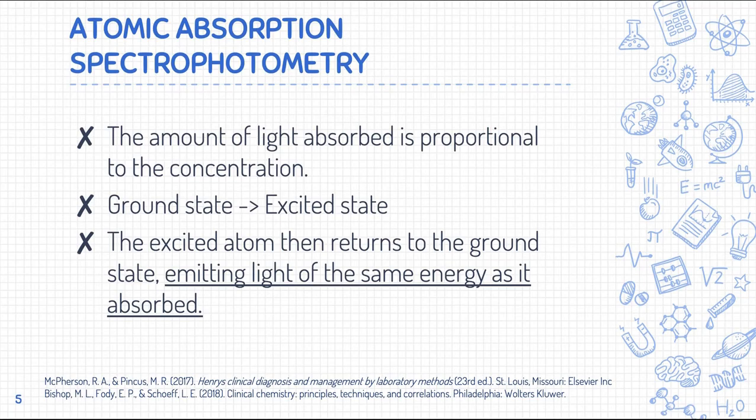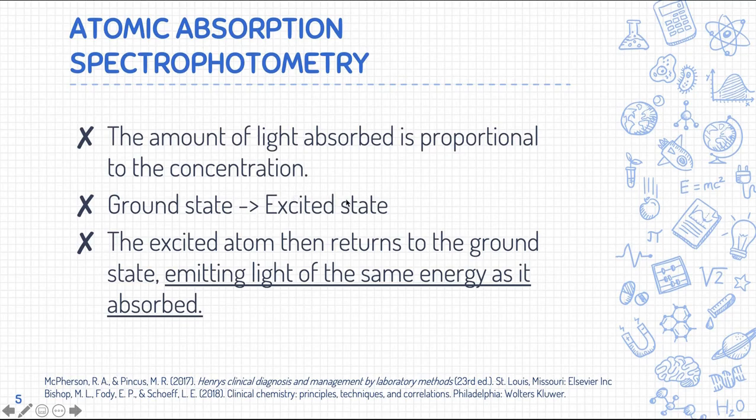Here's the thing. What we have are atoms in their ground state. Usually what we collect from our patient are samples or analytes, and those are only in their ground state, or their neutral state. What will happen is that they will now undergo excitation, whereby they will be in their excited state.